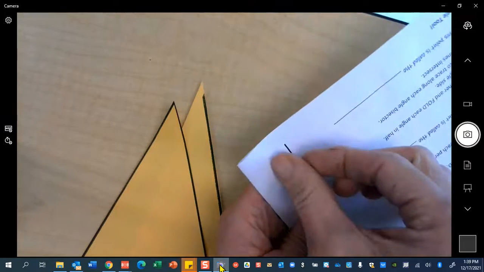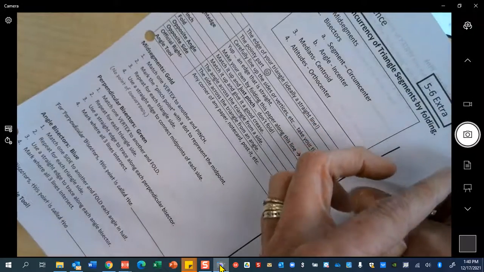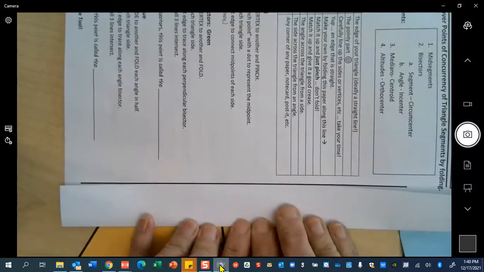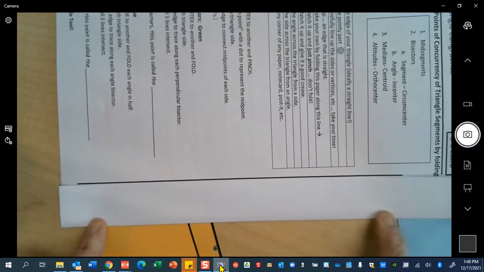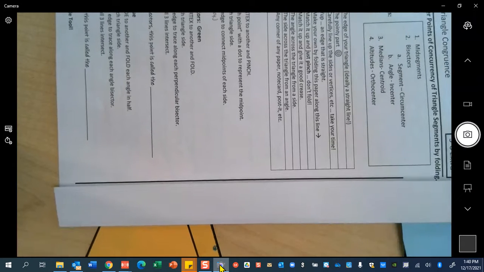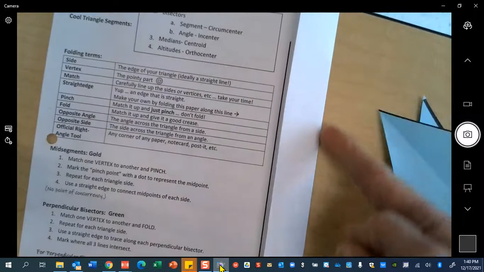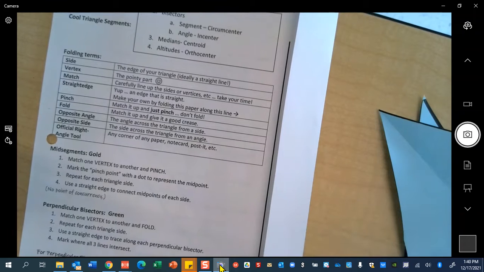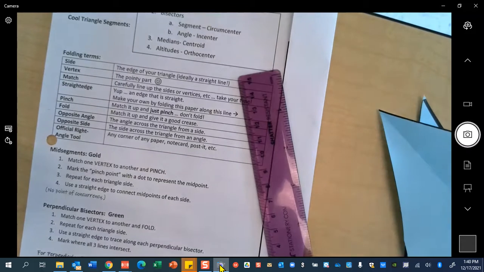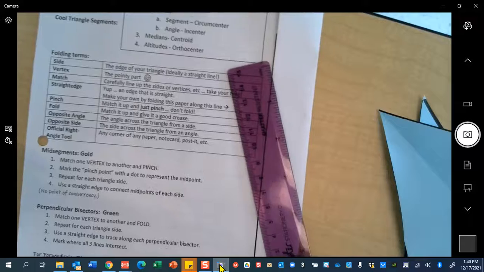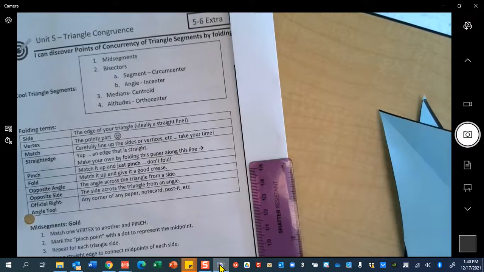Now, every good fold, take a look at how nicely my edges line up. Oh, that's very nice, nothing crooked. And they line up very cleanly. And then I went up and I matched the line and I did a nice solid crease. So having that nice solid crease, I just gave you what we call a straight edge. Now, if your straight edges that are in your baskets are not long enough to draw some of the segments that we need, you'll have the ability to use this straight edge to draw the line segments that you need.